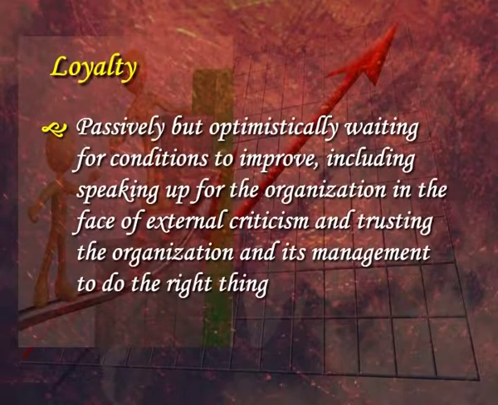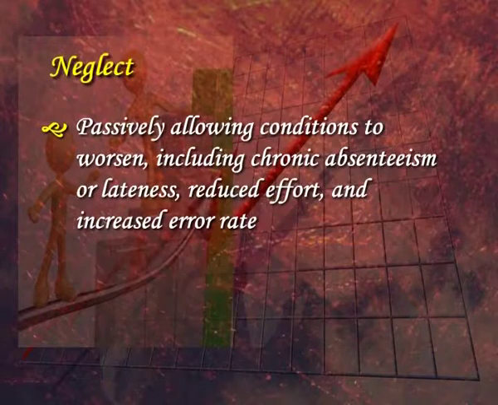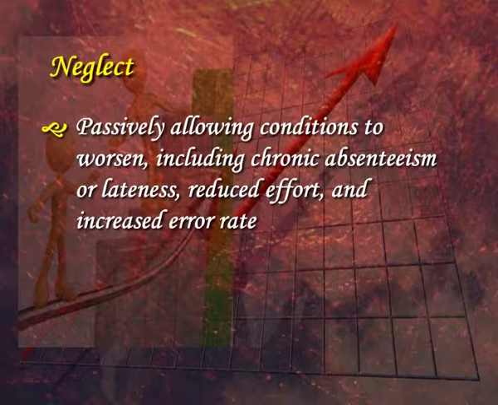Next is loyalty, passively but optimistically waiting for conditions to improve, including speaking up for the organization in the face of external criticism and trusting the organization and its management to do the right thing. Next is neglect, passively allowing conditions to worsen, including chronic absenteeism or lateness, reduced effort and increased error rate.